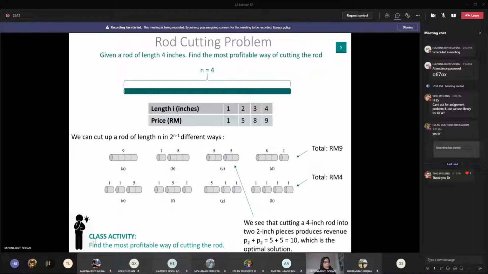Did I answer your question? Yes, thank you. Okay, so I tried to do some illustration to prove that it is 2 power of n.